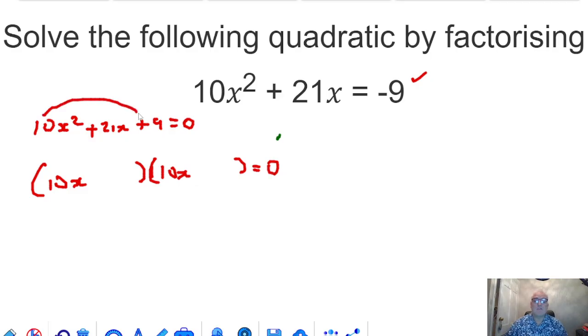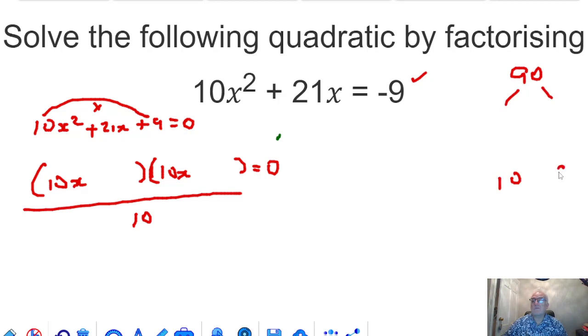Remember I'm finding the factors of 10 times 9, which is 90. I'm going to divide this by 10 when I finish. So 10 times 9. I've got 1 times 90, 2 times 45, 3 times 30, 5 times 18, and 6 times 15.